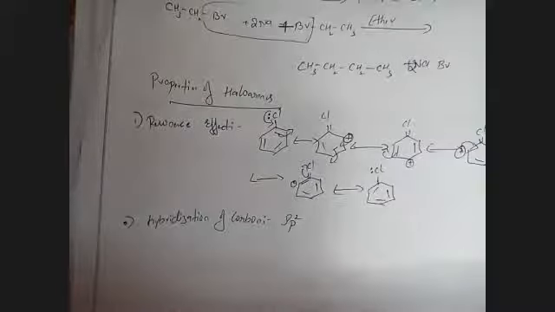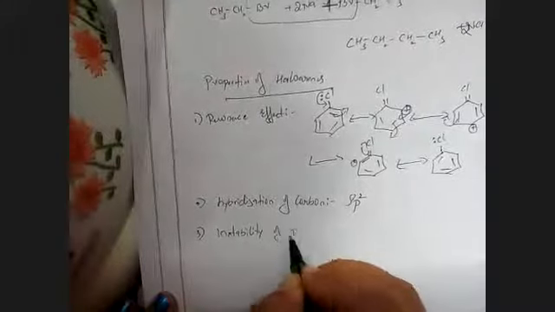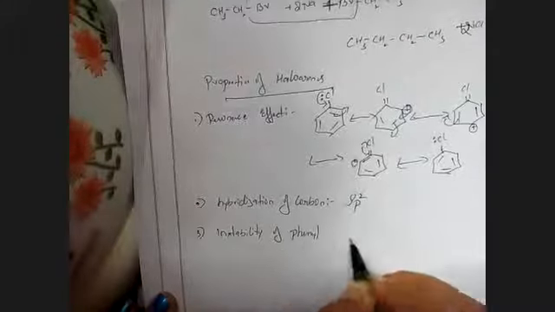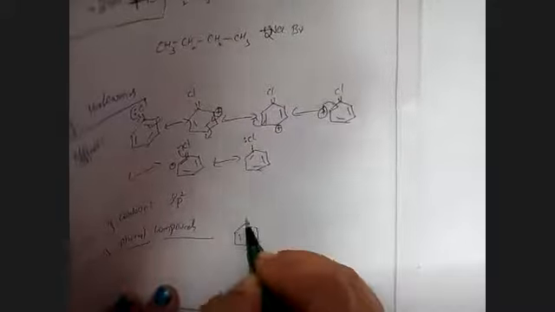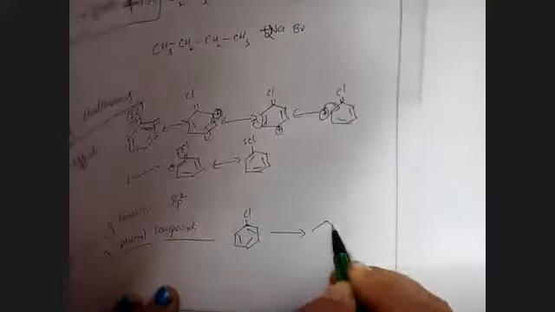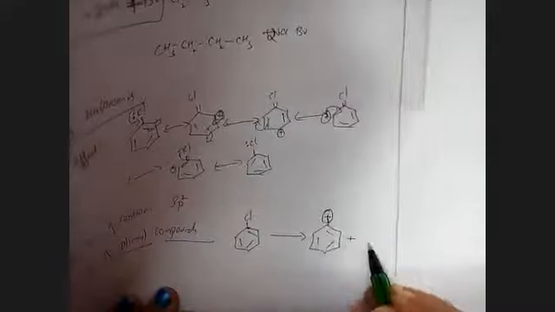Then instability of the phenyl cation. What happens with the stability? We write chloride forming a plus and Cl minus.